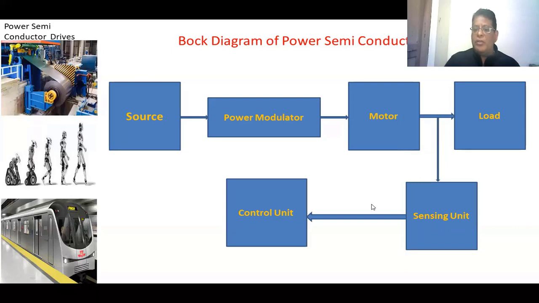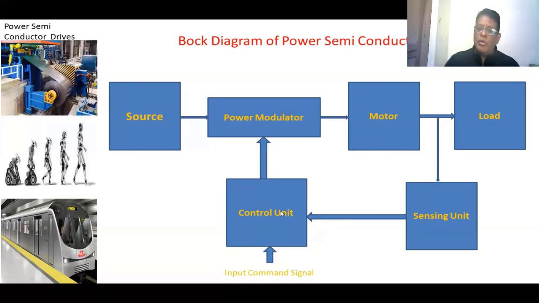One more input to the control unit is the input signal, which tells in which mode we have to operate this motor. So there are two signals going to the control unit: one is the input signal, another one is the signal coming from the sensing unit.